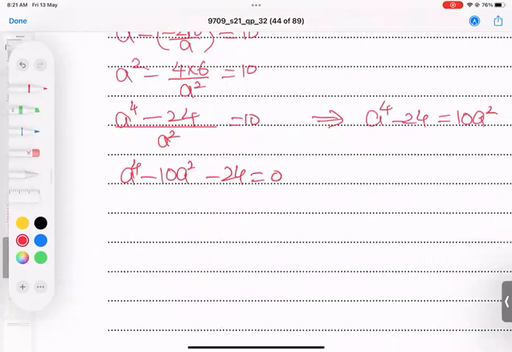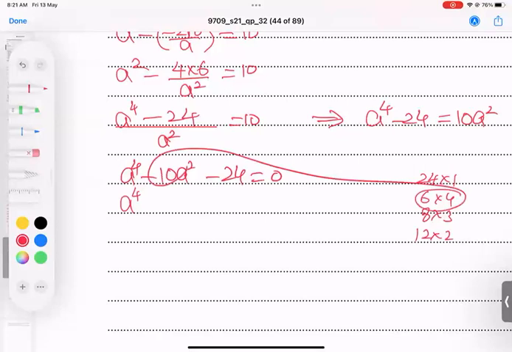Now I will apply either the quadratic formula or factorization. Factorization is easier. So this is 24, and I can say 24, many options are there: 24 into 1, 6 4s are 24, 8 3s are 24, 12 2s are 24. But which pair will give you 10? Let me see which is suitable. If I take 6 and 4, it will not be helpful because it is not satisfying it.